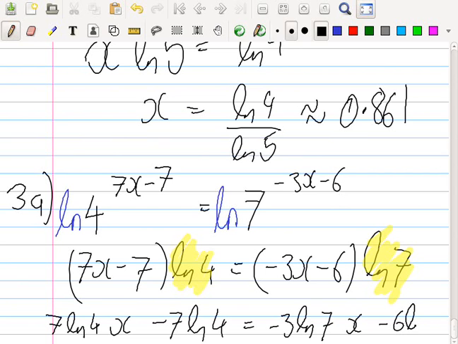minus 6 log 7. Okay, I'll give you a minute to write that down so far. So all I did was open up the brackets.